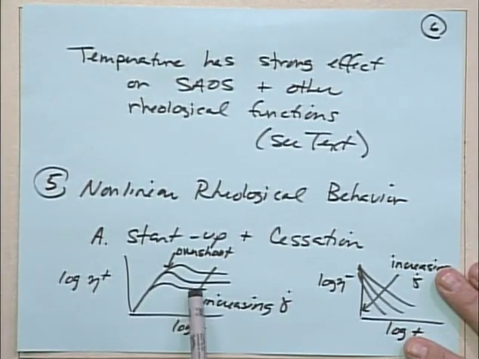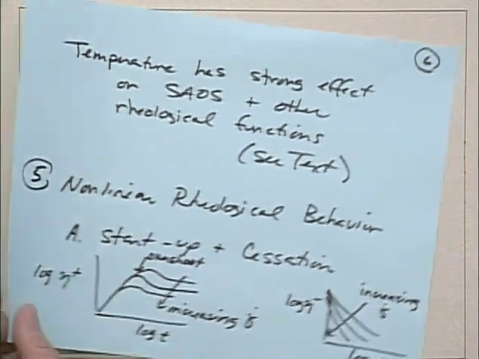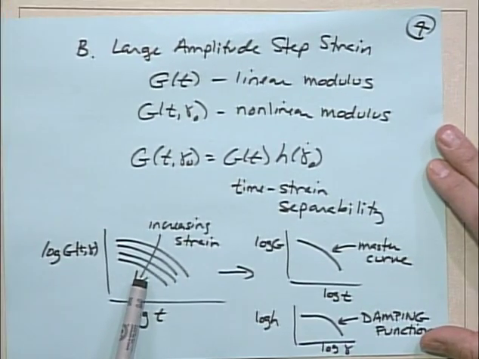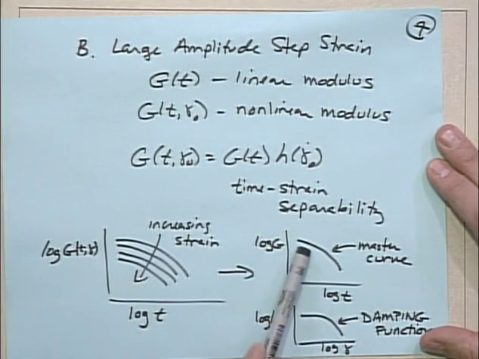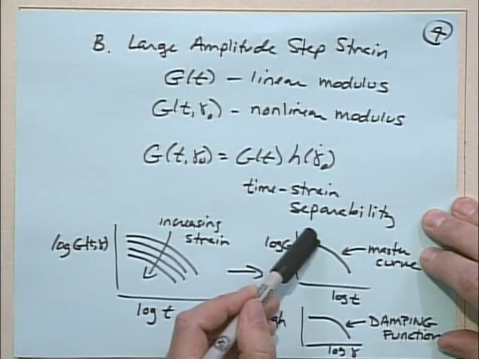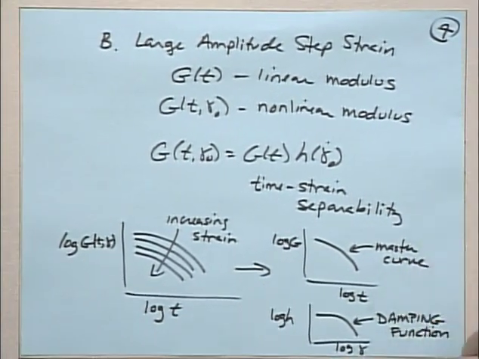We couldn't think of some way to maybe shift them or ratio them so that they would collapse to a single curve. Their shapes actually change with shear rate. But in the large amplitude step strain, the shapes don't change. They just sort of shift downward, and so you can get a master curve, although you'll remember there were some discrepancies at short times, which we'll be able to explain with constitutive modeling, actually.